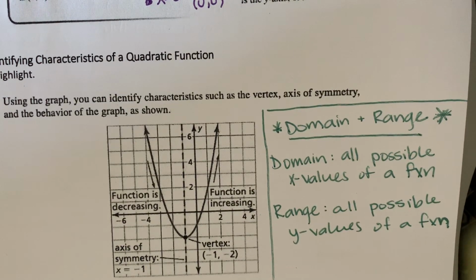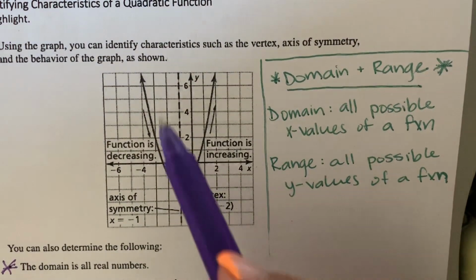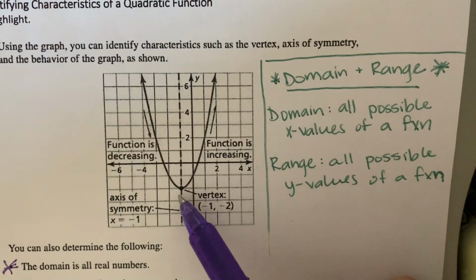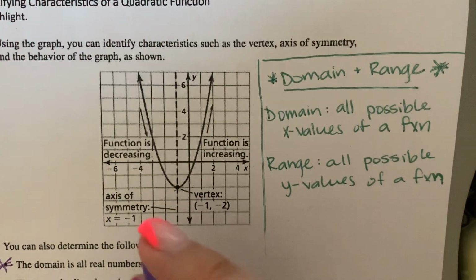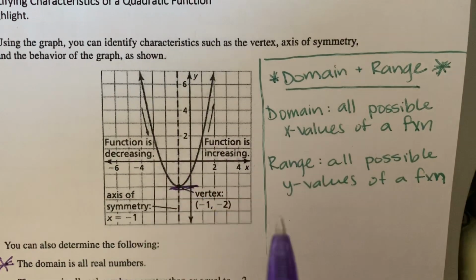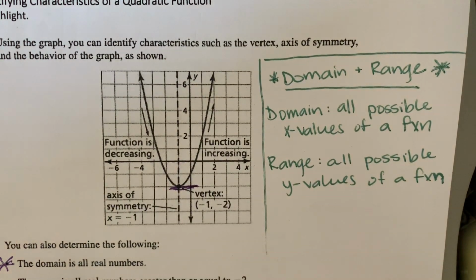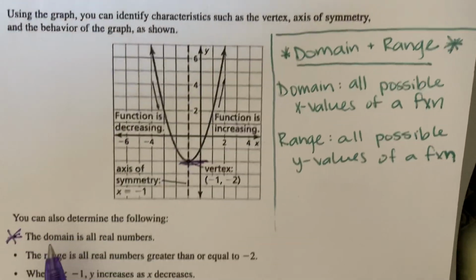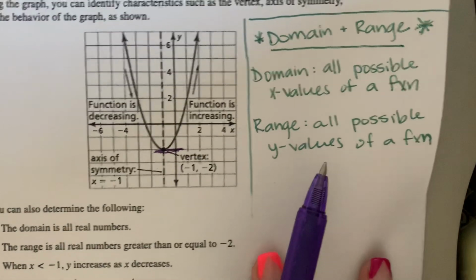Y, on the other hand, our range is not all real numbers because in this case, this U shape, there will never be any y values below this vertex point. So that's where y is -2. So the range, it says here, is all real numbers greater than or equal to -2.